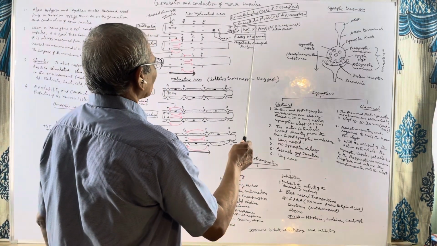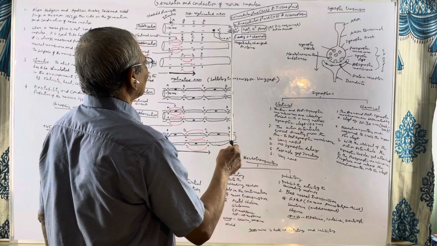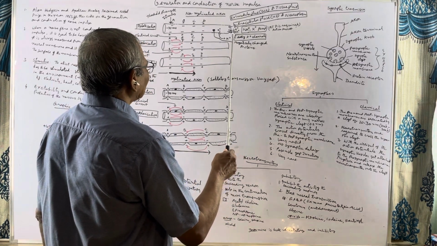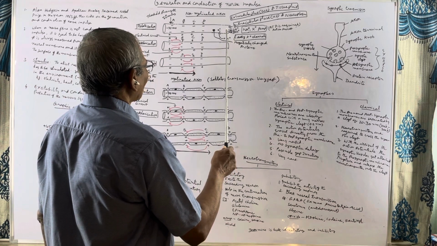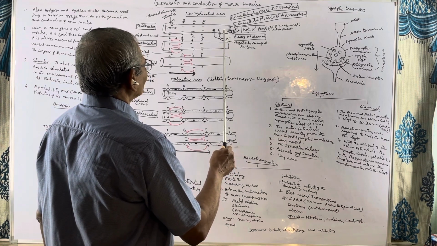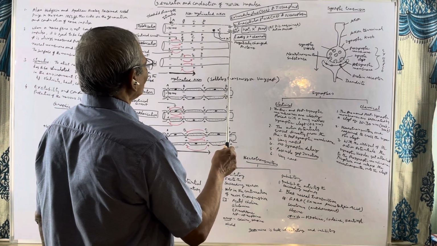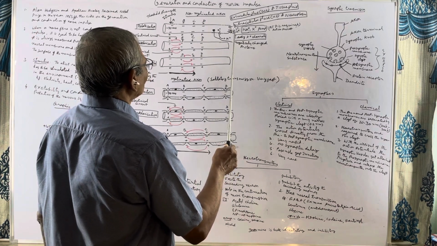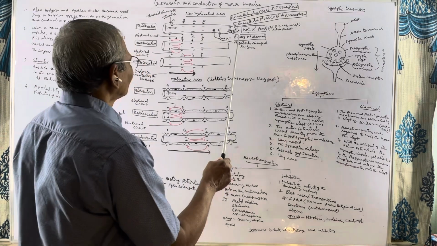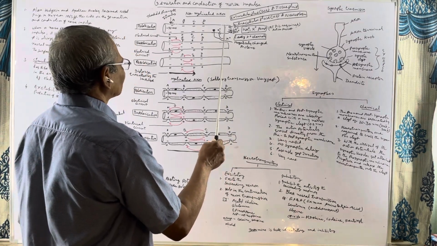So what does the sodium-potassium pump do? It expels 3 sodium ions from intracellular fluid into the extracellular fluid and pumps in 2 potassium ions from extracellular fluid into the intracellular fluid.